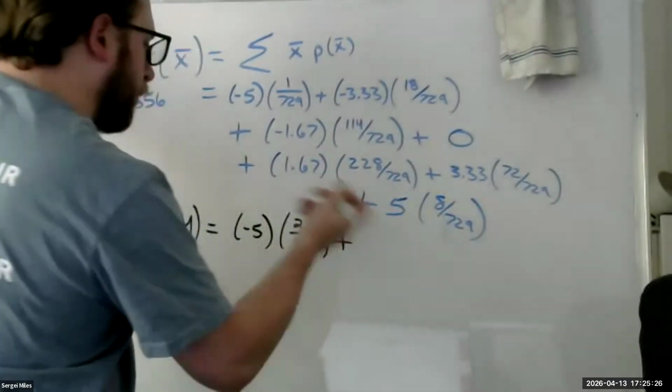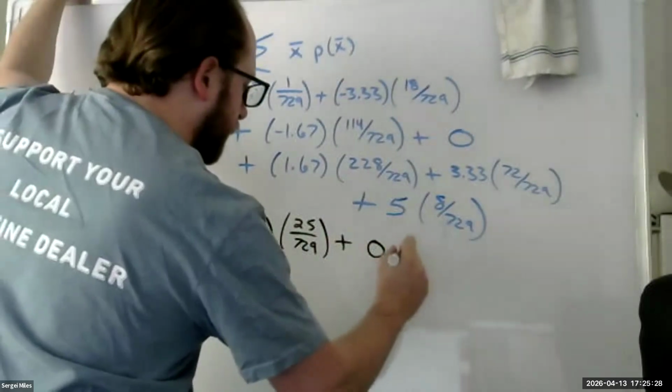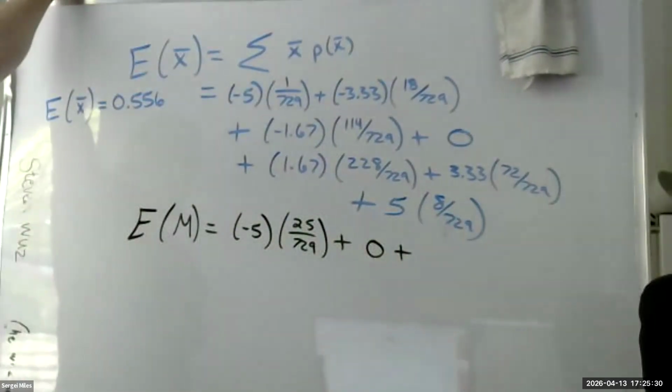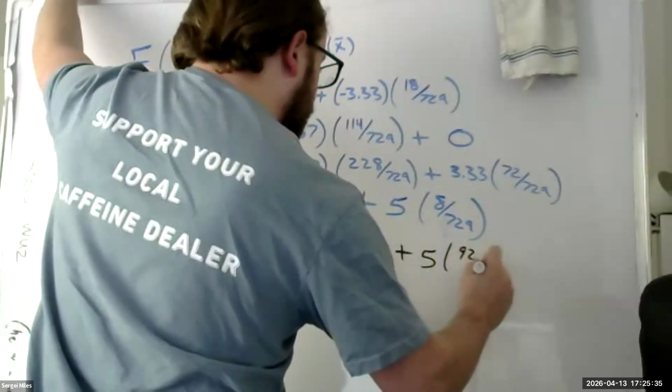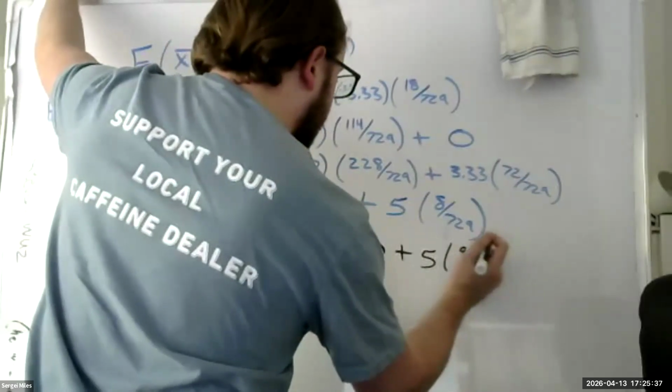It could be 0. Well, 0 times the probability is just 0, so I'll put 0 there. Plus 5 times 92 over 729.